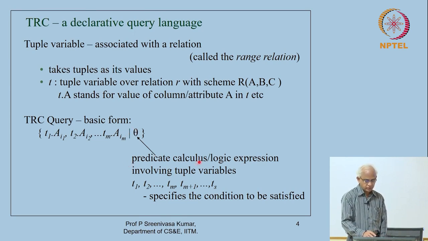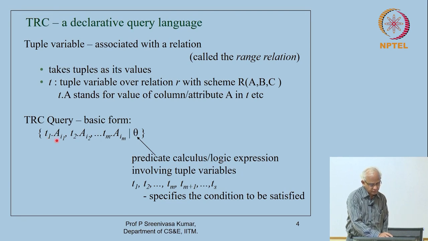This is a predicate logic expression, or a condition basically involving these tuple variables. Some more tuple variables, Tm plus 1 through Ts, could be used, whereas what is there on the left hand side of the vertical bar is one portion, and to the right of the vertical bar is the predicate logic expression.